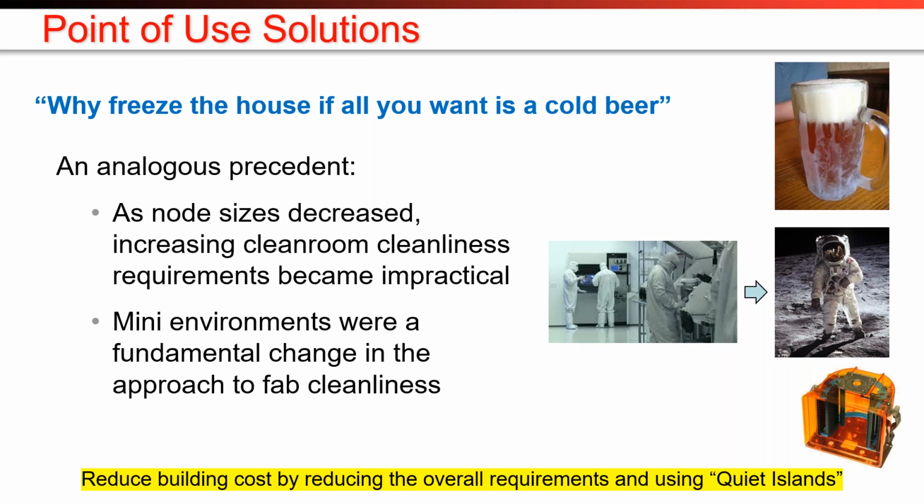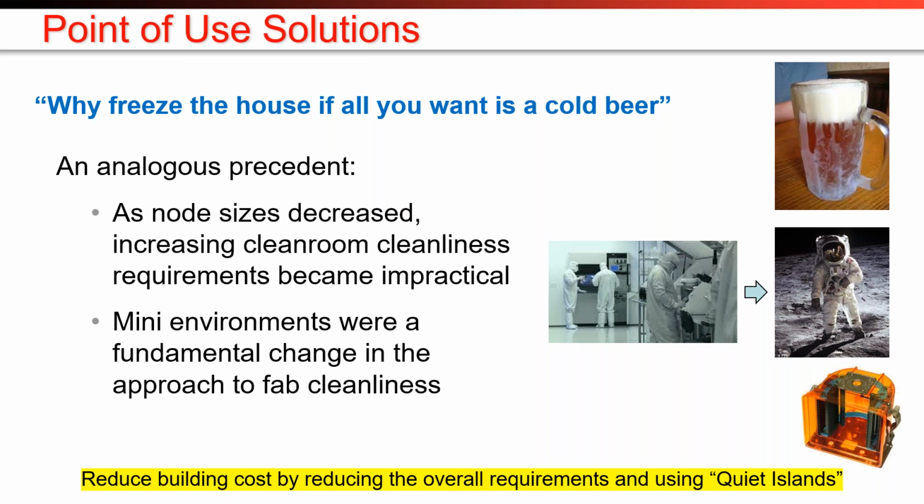And just the depiction there, a facetious depiction of an astronaut suit, it became clear that you wouldn't be able to even have people working in a semiconductor fab, even in an astronaut suit, because just moving your arms and legs generates particulate from the suit. So it was a real problem, and the fundamental change was to give up on trying to make the clean rooms cleaner and cleaner, and focus on having these finite little mini environments, SMIFs and FOUPs basically.